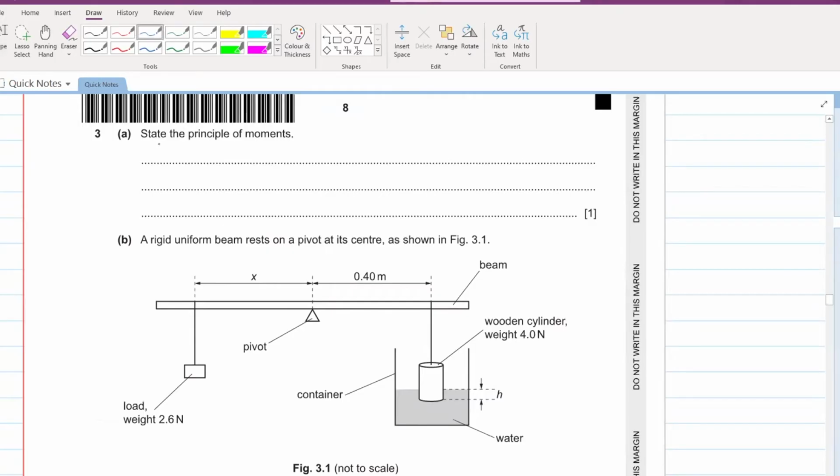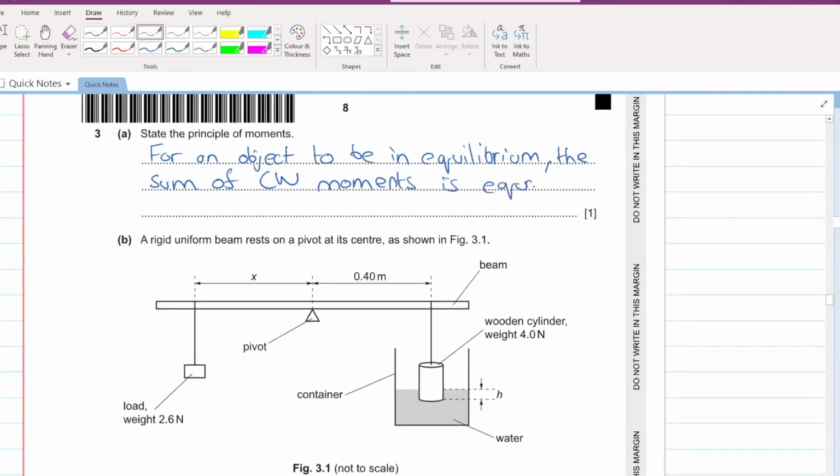So you will write here: for an object to be in equilibrium, the sum of clockwise moments is equal to the sum of anti-clockwise moments. Simple as that, nothing complicated.